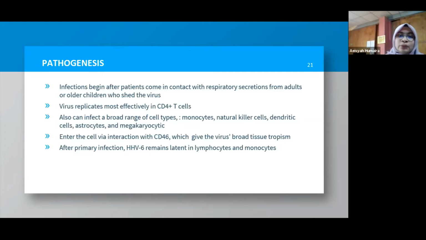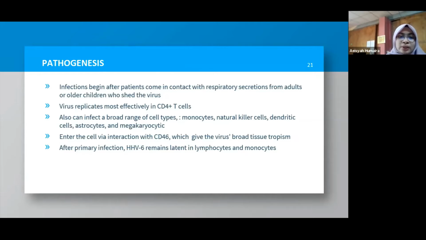In the T cell, it transcribes and translates new virus proteins and packages them into new virus. Once the new virus is ready, the T cell undergoes apoptosis and is destroyed, and the virus infects other neighboring cells.